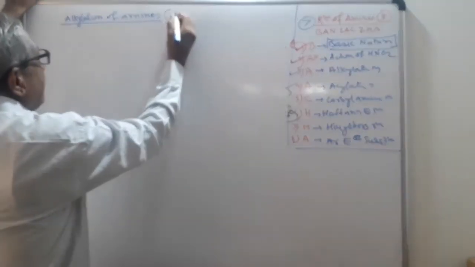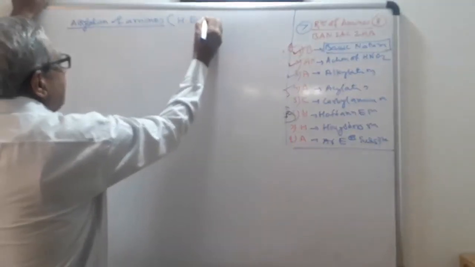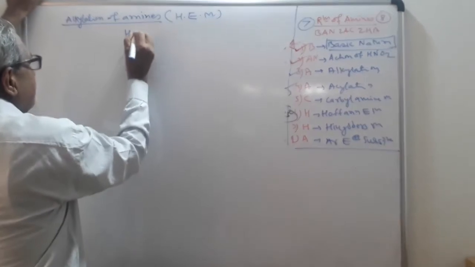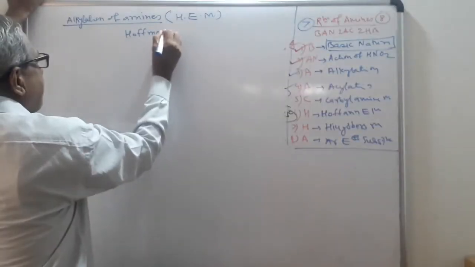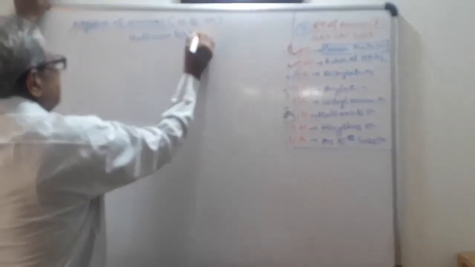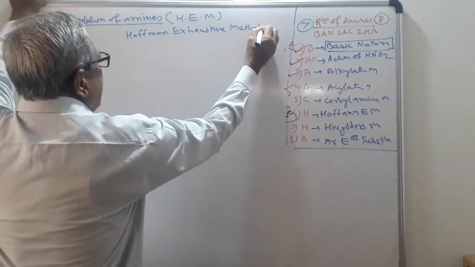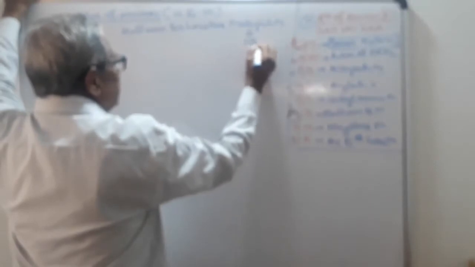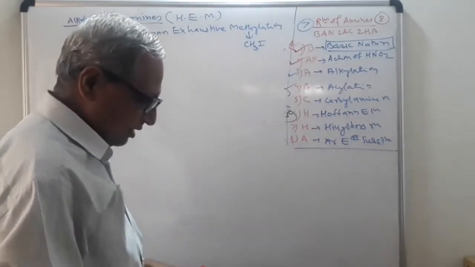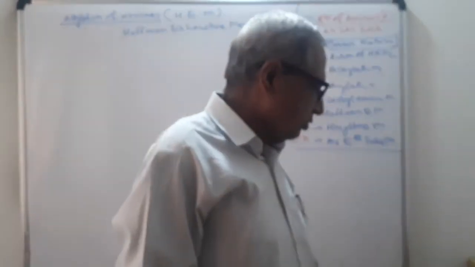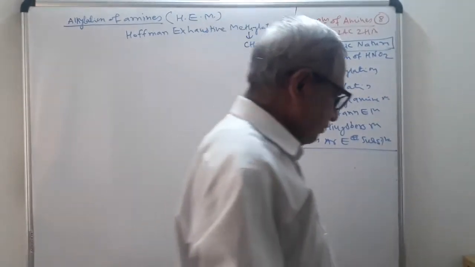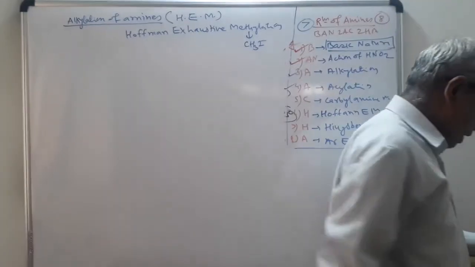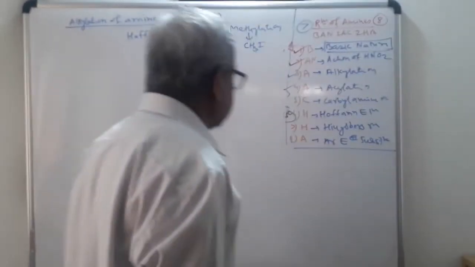It is shortly denoted as HEM. The long form of HEM is Hofmann exhaustive methylation. So the particular reaction I will take here is methylation. The reagent used for the methylation is CH3I, methyl iodide. Because iodine is a good leaving group, it leaves immediately. So I will explain here Hofmann exhaustive methylation.